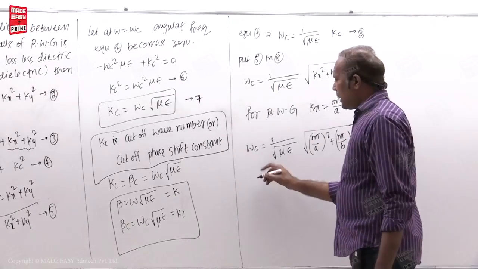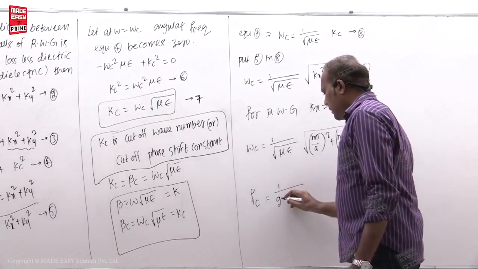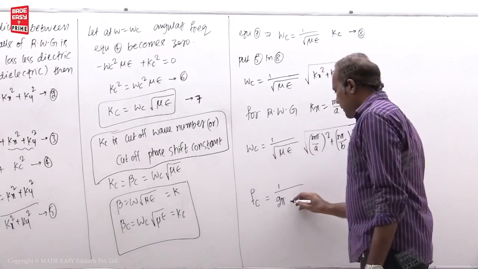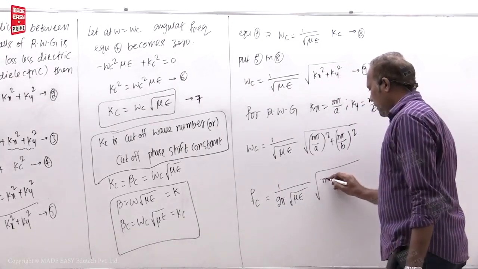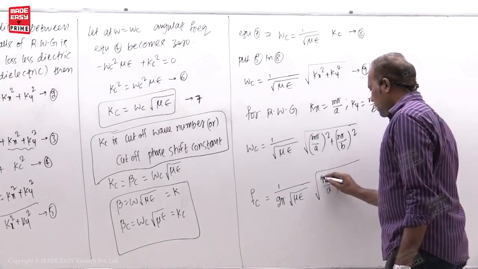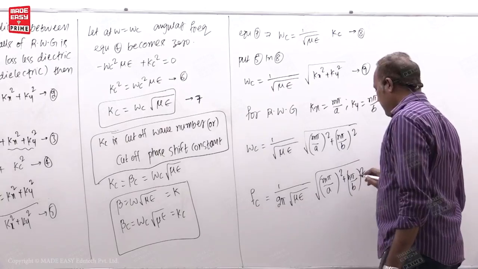Now this is 2 pi fc. So fc becomes 1 divided by 2 pi root mu epsilon and m pi by a whole square and n pi by b whole square.